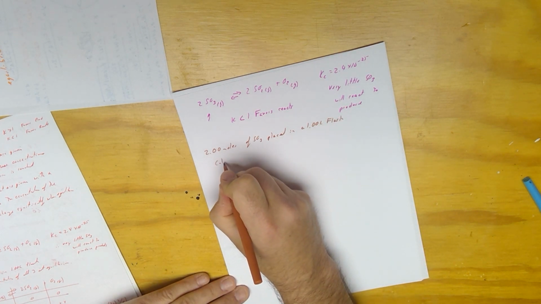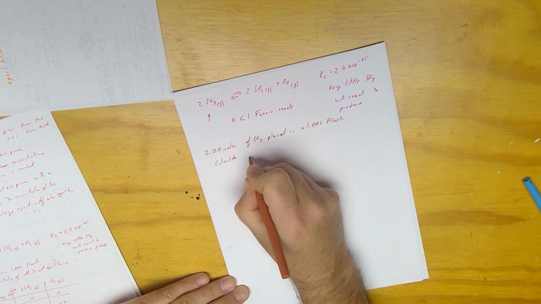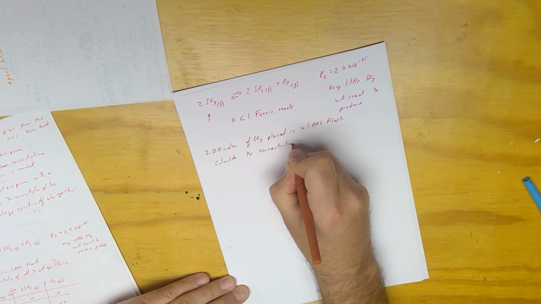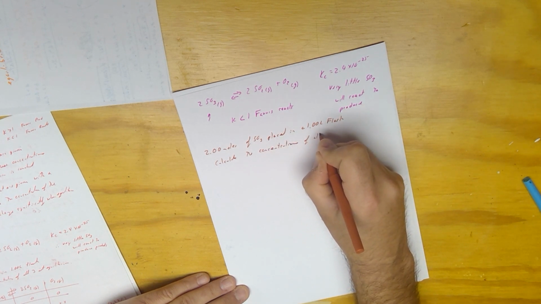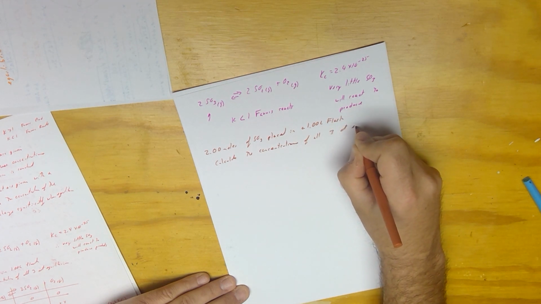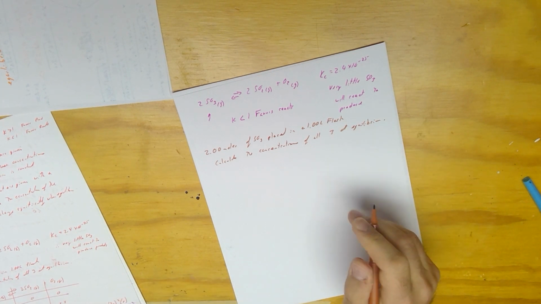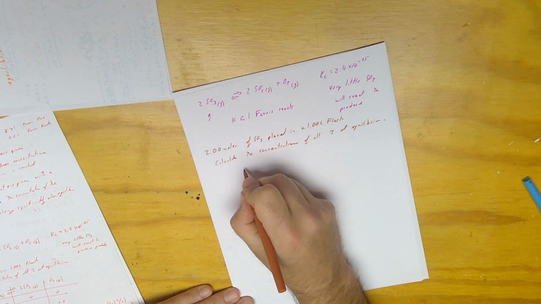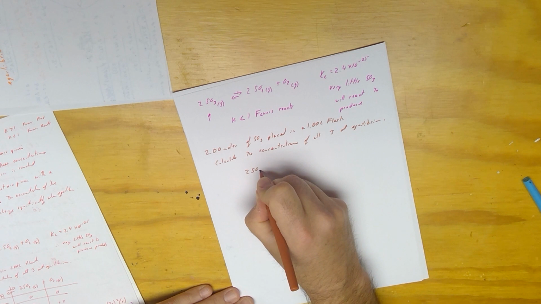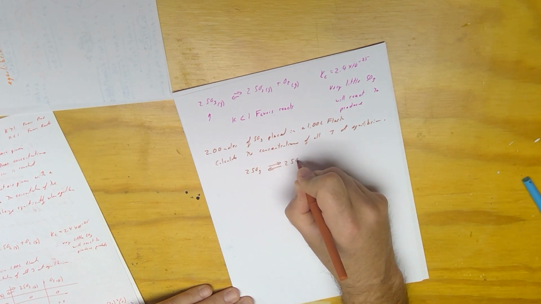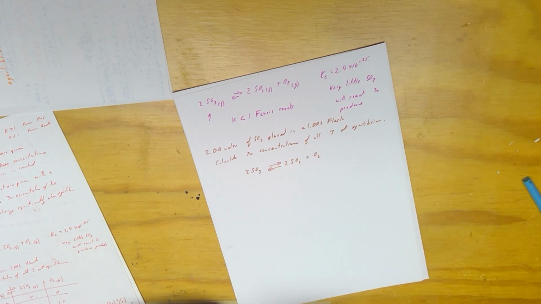We want to calculate the concentrations of all three at equilibrium. All right, so this again is an ICE problem. So we have 2 SO3 in equilibrium with 2 SO2 plus O2. Let's go ahead and make our chart.